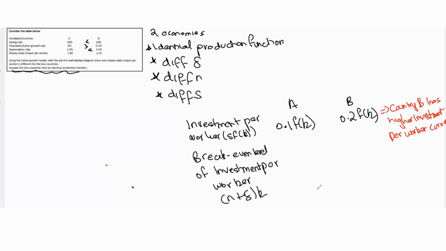Now, for country A, the population labor growth rate is 0.06, plus the depreciation rate is given to us as 0.015. So this is 0.075k.